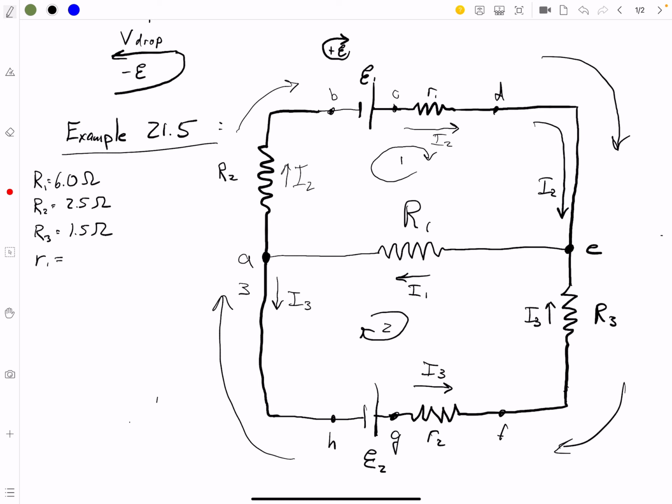Internal resistance 1 is 0.5 ohms. Internal resistance 2 is also 0.5 ohms. That's nice. EMF 1 is 18 volts. And EMF 2 is 45 volts. Okay, so far so good, everyone.